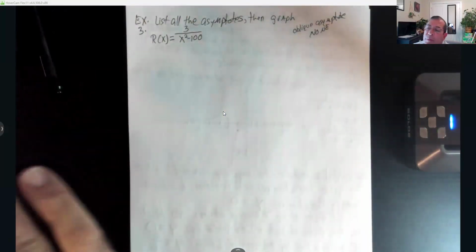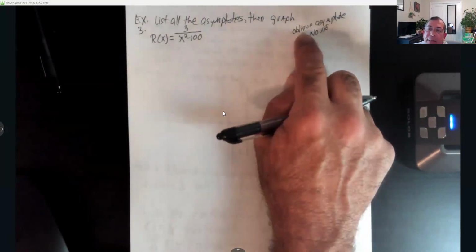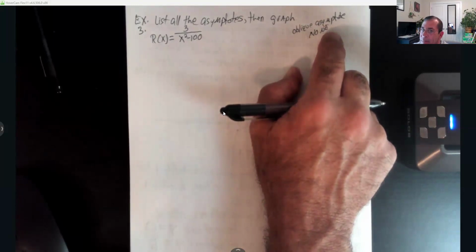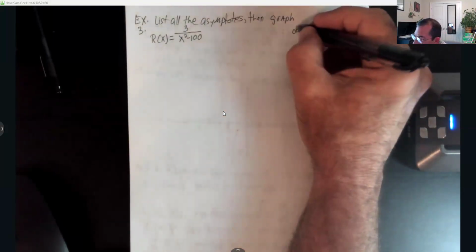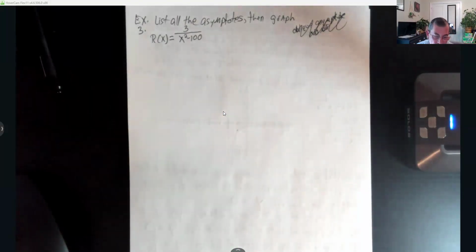Because we don't do problems in here that have oblique asymptotes. So anytime you see oblique as a question, you're going to put none on that, okay? So all we're dealing with are vertical and horizontal.